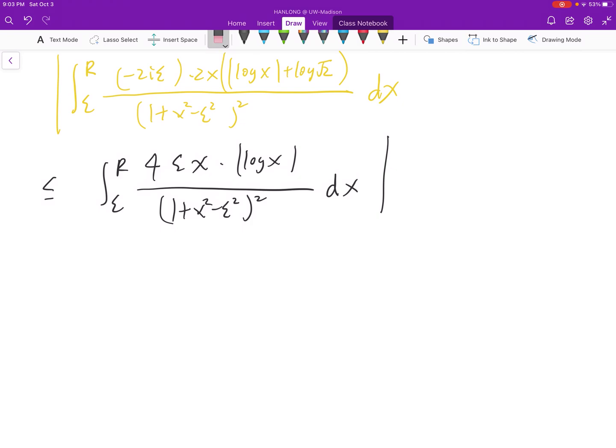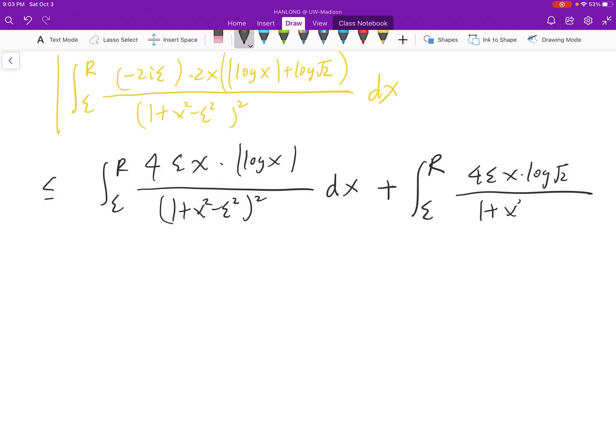Actually here you don't need the absolute value anymore, it's always positive. And then plus the integral from epsilon to R of 4 epsilon x log square root 2, divided by 1 plus x squared minus epsilon squared, dx.